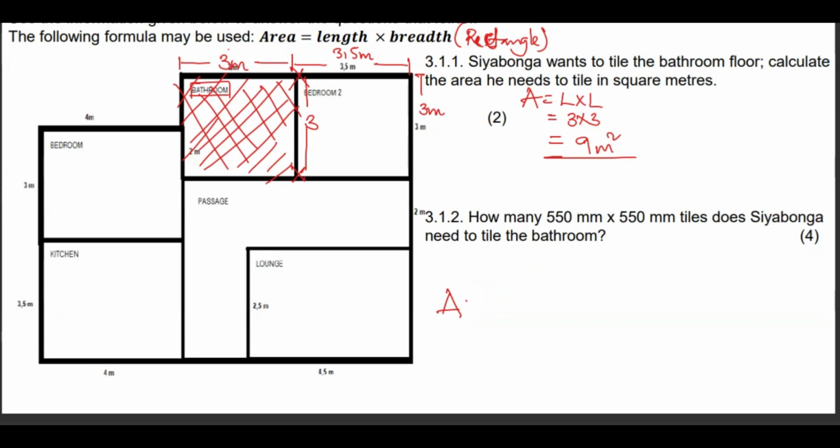Change the 550 millimeters to meters. This one I have in meters because the area I'm going to use also has meters. So I need to square this up.